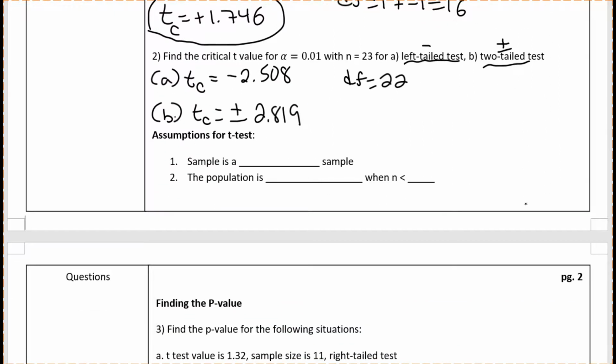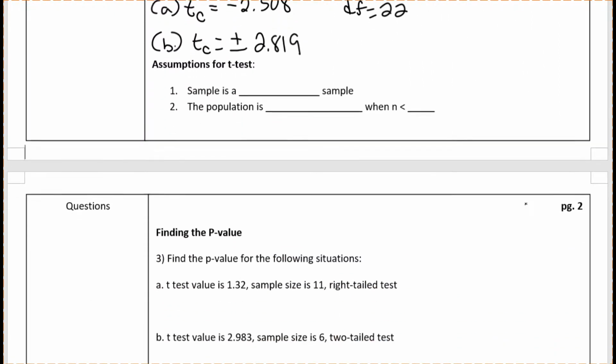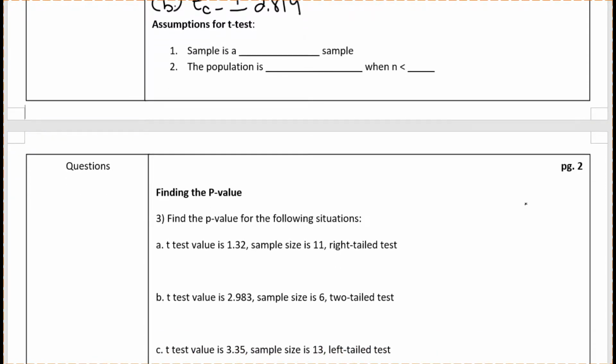Now that we know how to find the critical values, we're going to talk about the assumptions for the t-test. Some things that we assume in order to use the t-test: the sample has to be a completely random sample, so you have to select your sample randomly. If you don't select your sample randomly, by chance, then your results are going to be skewed and they're not going to be interpretable in the way that you'd want them to be.